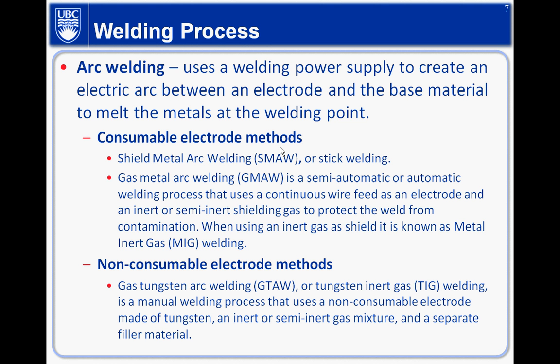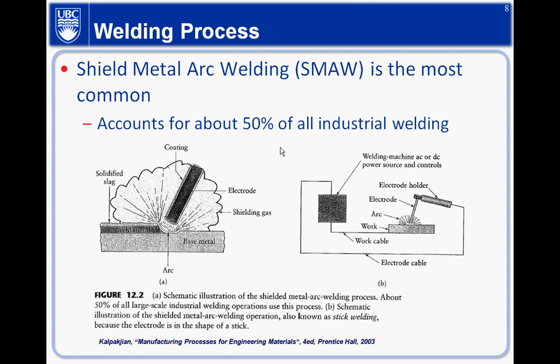I'll show you a picture next. And then there's some inert gas to shield the metal and the weld from contamination. For the non-consumable electrode method, there's one called tungsten inert gas, TIG weld. TIG weld is very useful. It can be used on almost all different kinds of metals. So we'll look at a couple of pictures relating to these two different methods.